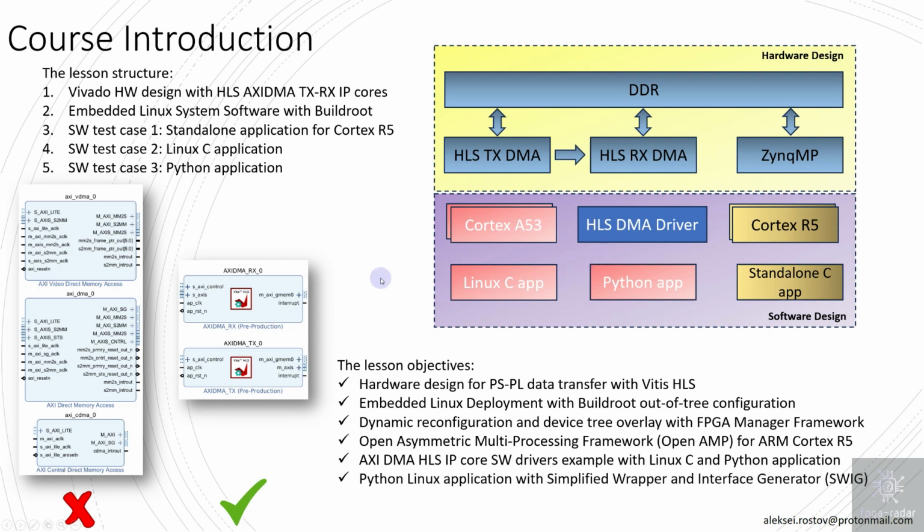And the last one is Python: the Zynq simplified wrapper interface generator. This tool is used in order to create wrappers for low-level C sources and use them in a Python environment.